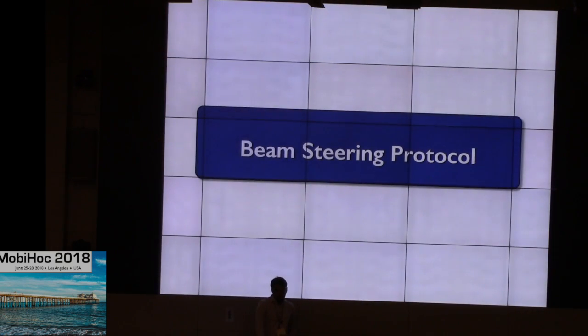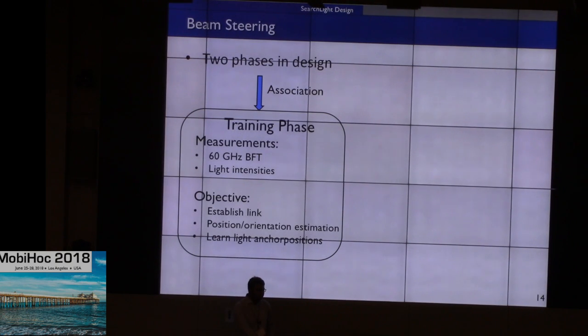So let's next look at the beam steering protocol in SearchLight. The way we deal with beam steering in SearchLight is in 2 phases. The first phase, we call it the training phase, which happens, for example, when a device associates with the access point. At that point in time, the device has no knowledge about what beams to use to communicate, or where the light anchors are with respect to the access point.